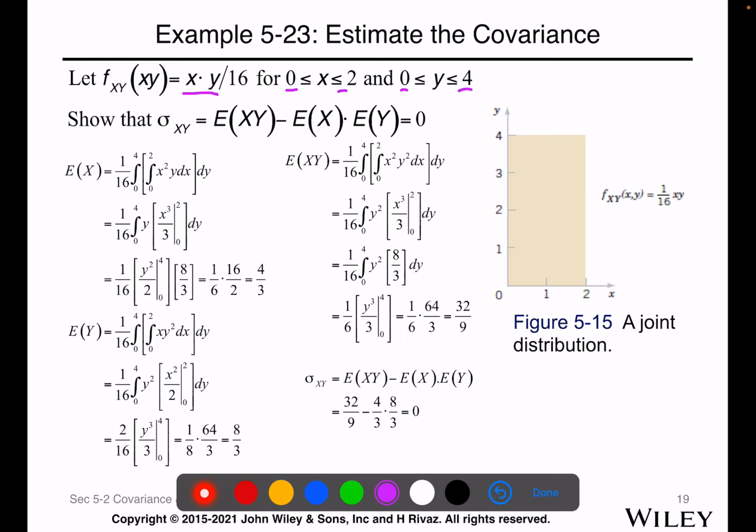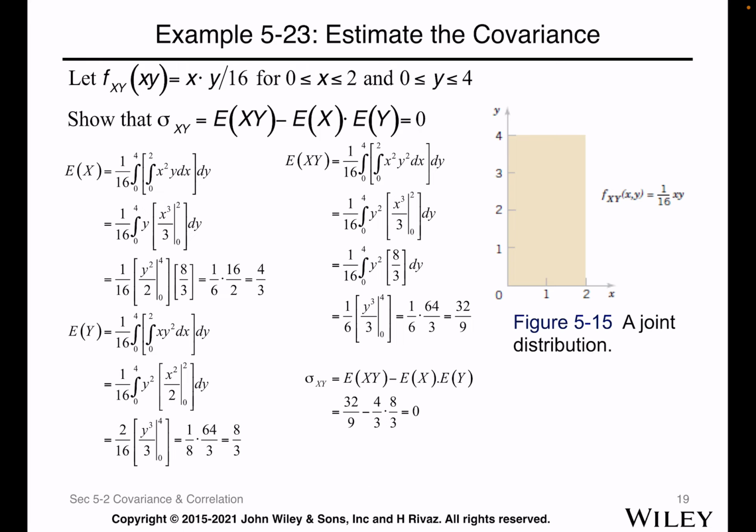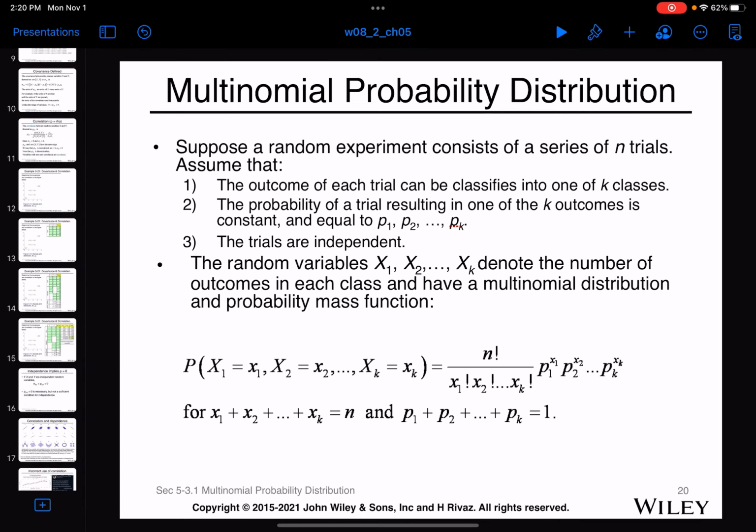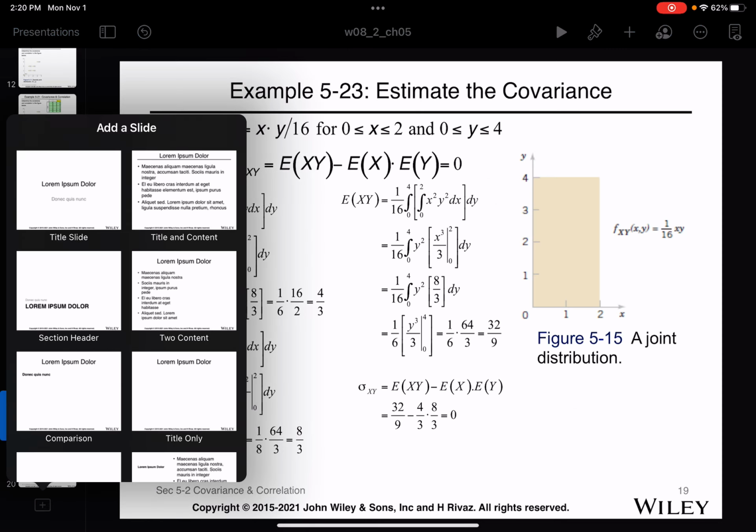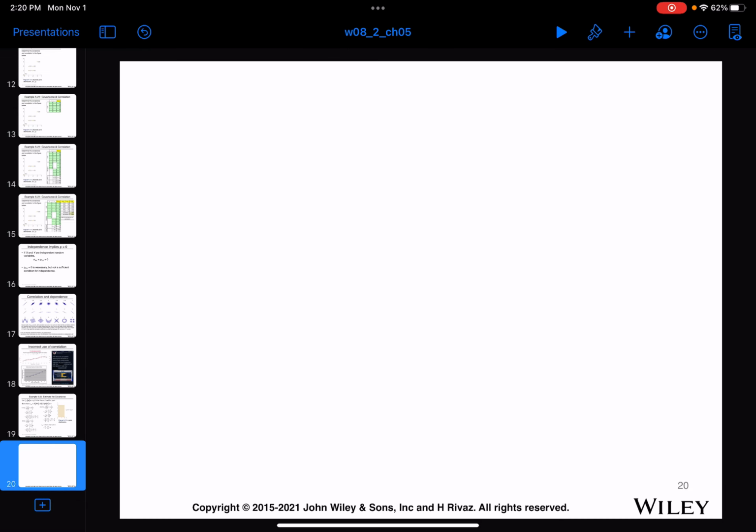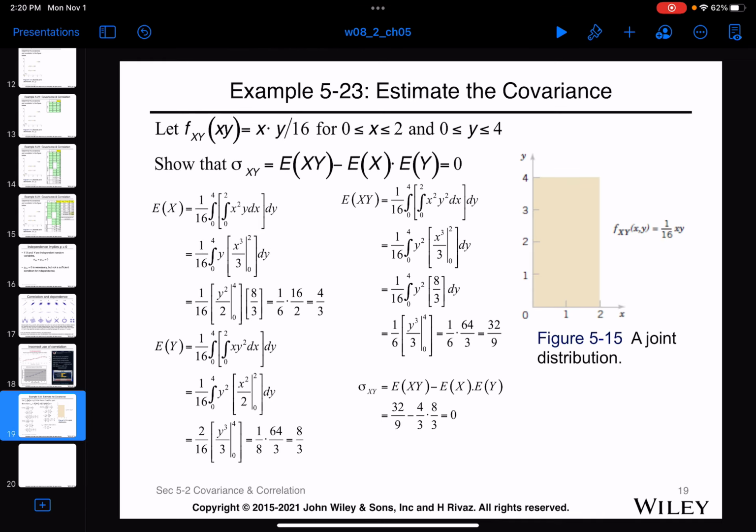So what I want to do is calculate the covariance of x and y. Okay, so let's try to do this. Okay, so let's write down the PDF: xy divided by 16, right?